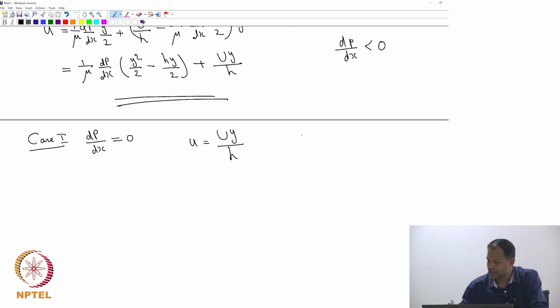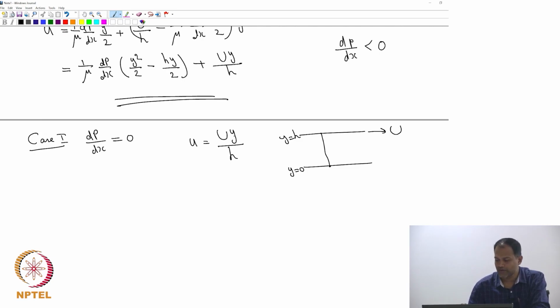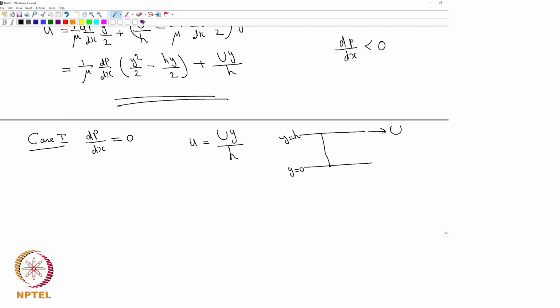Okay. So, that means I have a plate, this was my y is equal to 0 and this was my y is equal to h. At y is equal to 0, u is equal to 0 here. This plate is moving with a capital velocity U. So, at y is equal to capital H, u is indeed equal to capital U. So, it has some finite velocity and the variation is linear.